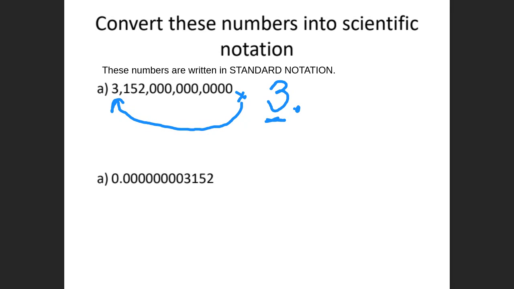The decimal in this number is way in the back behind all those zeros. I want to move it so that there is one digit to the left of a new decimal place. Now, that means that the numbers 1, 5, 2 still have to be written. This will give me times 10. Now, times 10 is always part of it.